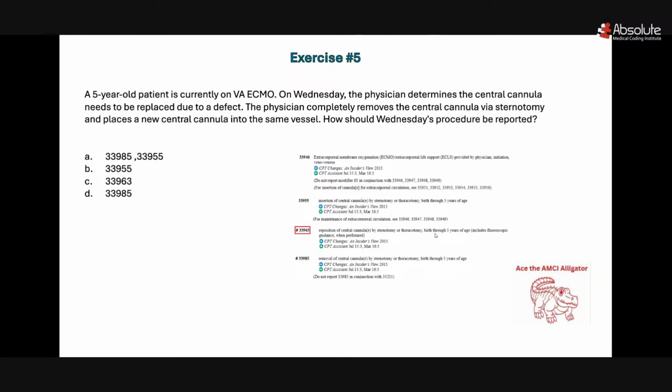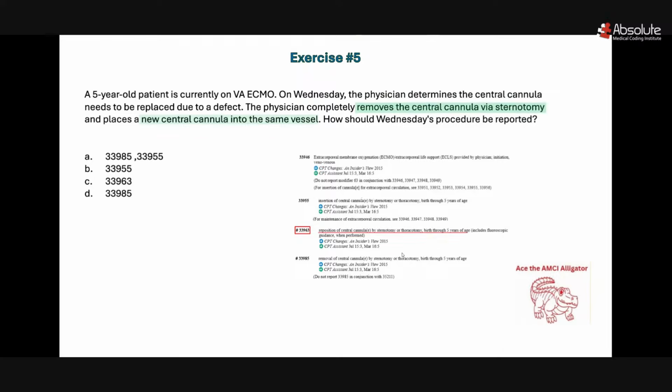33963, that is coding for repositioning of a central cannula by sternotomy or thoracotomy, right? So what did we have here? We have a physician who determines that the central cannula needs to be replaced due to a defect, and the physician completely removes it and places a new central cannula into the same vessel.